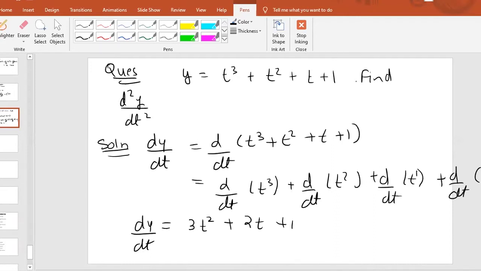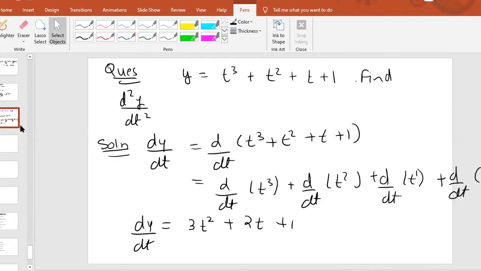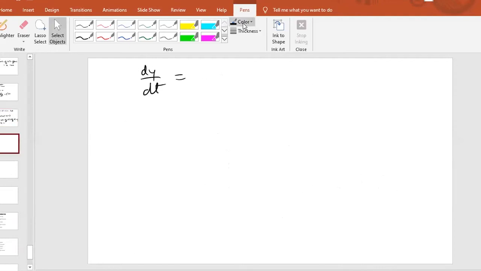Now, again, we have to differentiate this dy by dt. So the dy by dt value that we have got is 3t square plus 2t plus 1. Now double differentiation means we have to differentiate dy by dt with respect to t.